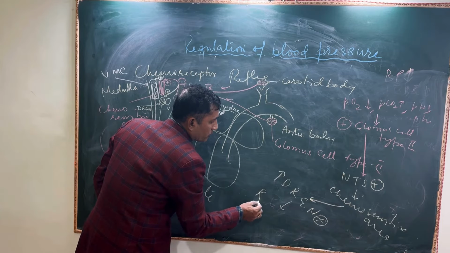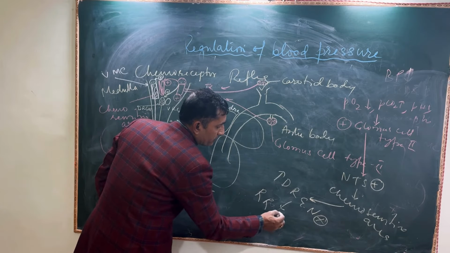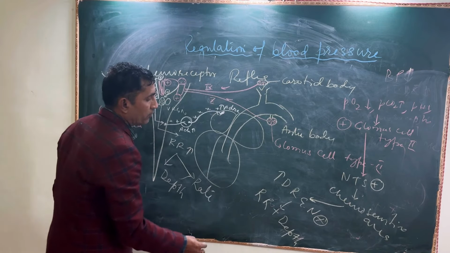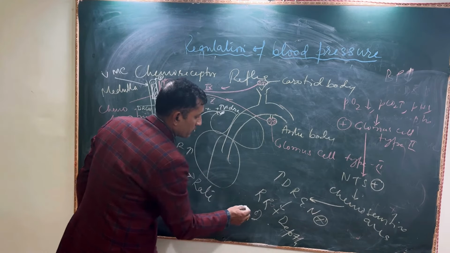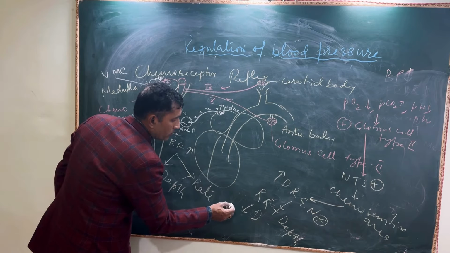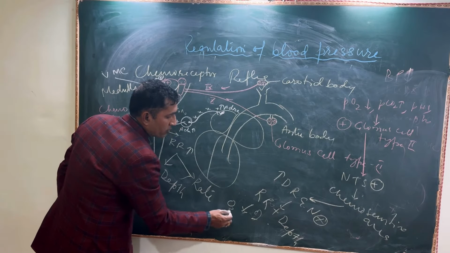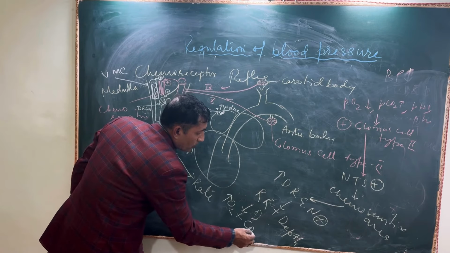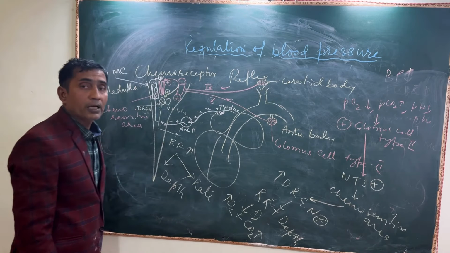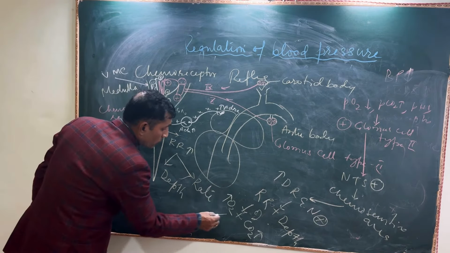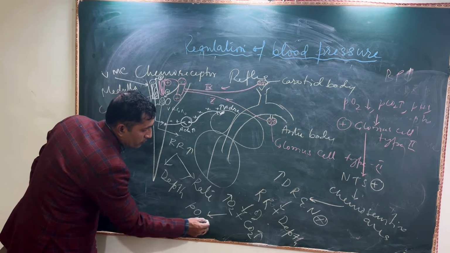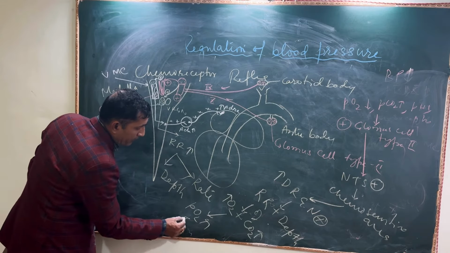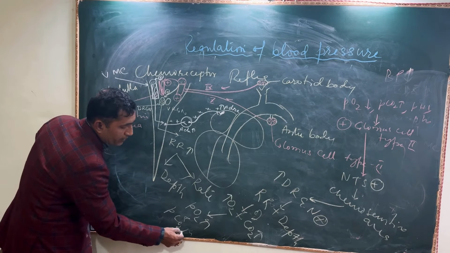The respiratory rate is increased, plus the depth of respiration is also increased. That means we can consume more oxygen and remove carbon dioxide from our body. So what will happen? The partial pressure of oxygen will be restored, and the partial pressure of carbon dioxide will come down.